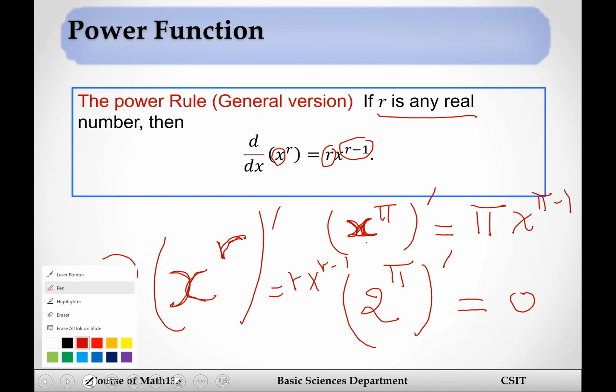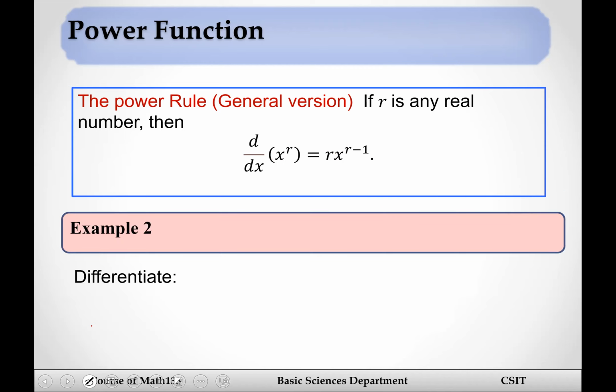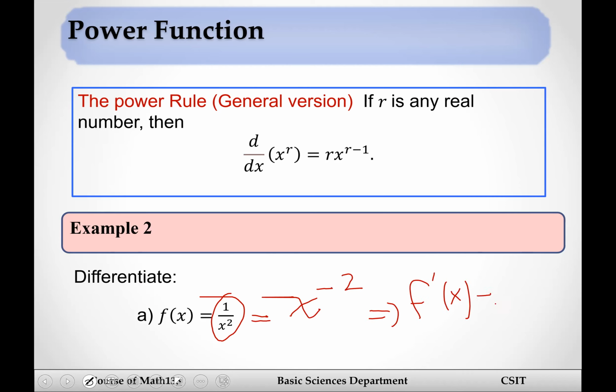Okay, good. So another example here, which is easy. Sometimes this is a good example, and we may use this idea for other functions. 1/x squared, in fact, you can write it like x power a number. That's the first step that you do. So x power -2. Then you do the derivative. So the derivative f prime of x will be, as usual, this is your number r. Okay, so apply the formula here.